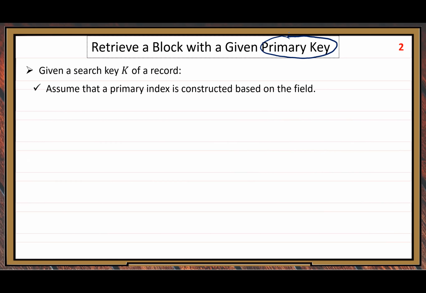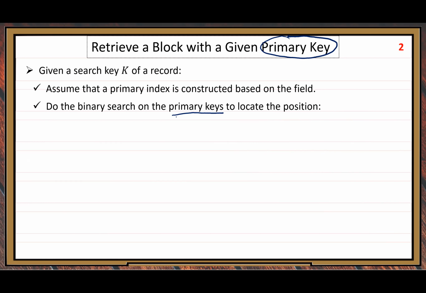A key here means some data value, it may be a number, string, or date value. Then we do the binary search on the primary keys. The primary key here is not our old meaning of primary key.